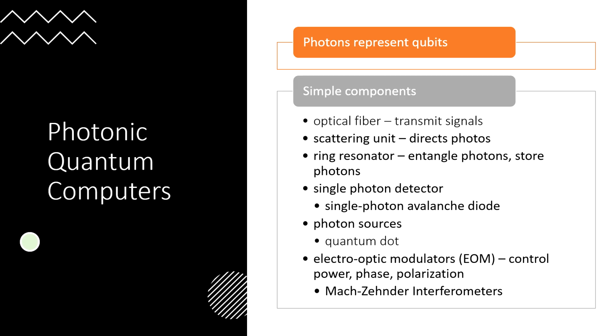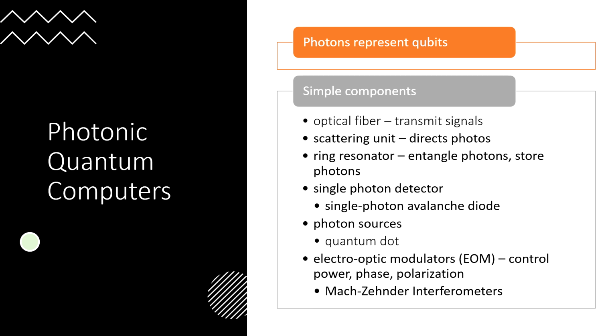All right, so next I want to talk about what a photonic quantum computer is. In essence, a photonic quantum computer uses photons to represent qubits, and is typically comprised of several components.